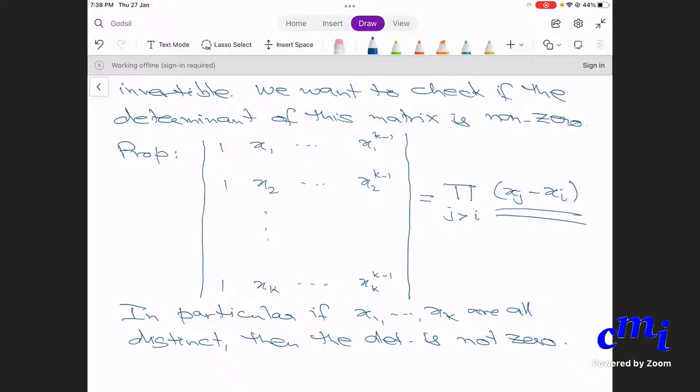Once we have this proposition, the so-called Vandermonde determinant, we know that the matrix is invertible.